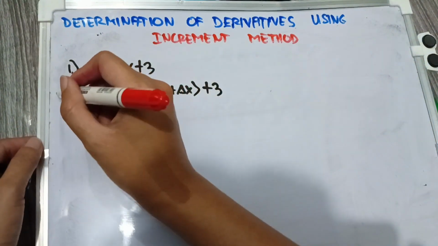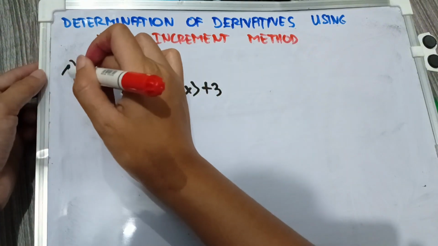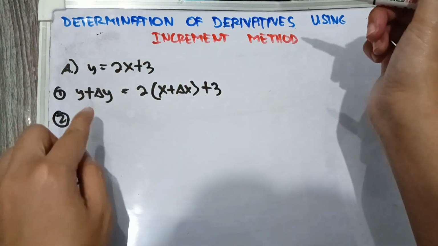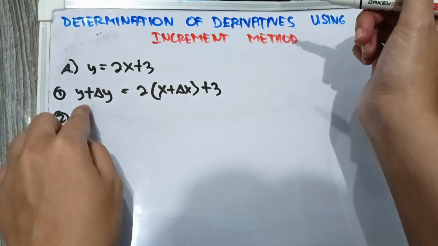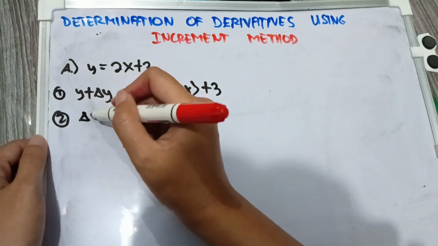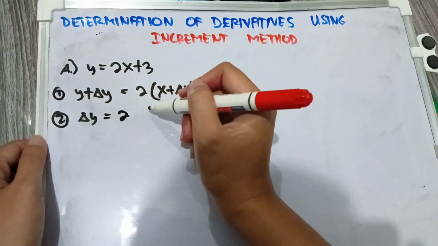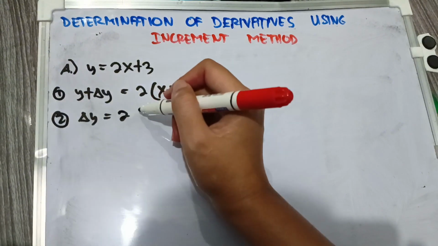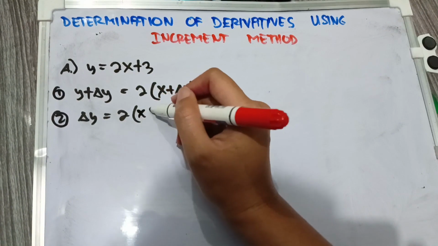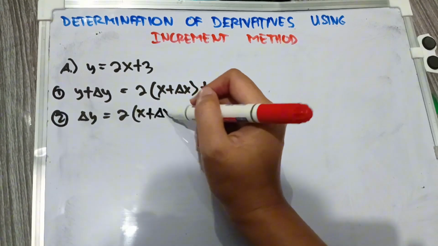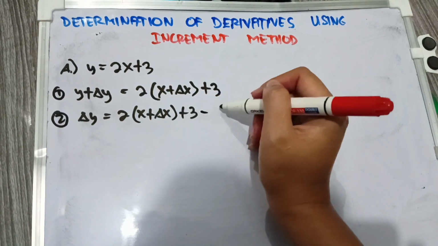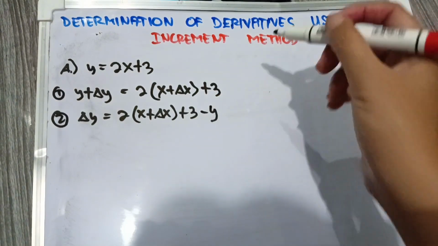The step 2 is we are going to transpose y to the right side of the equation. So that will be delta y is equals to 2 times x plus delta x plus 3 minus y.